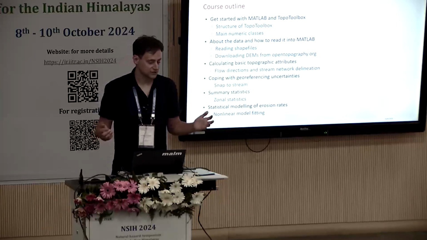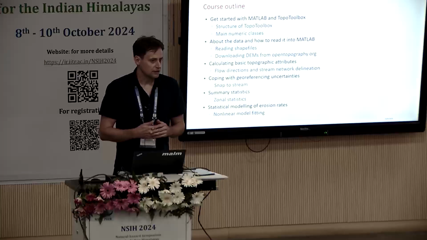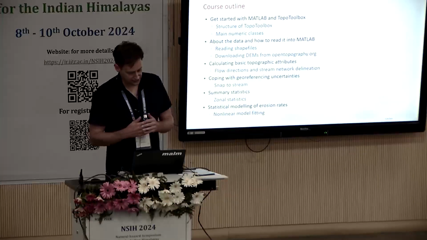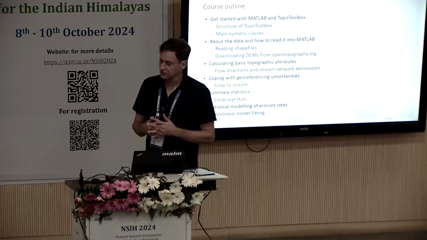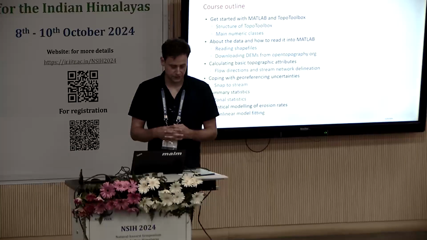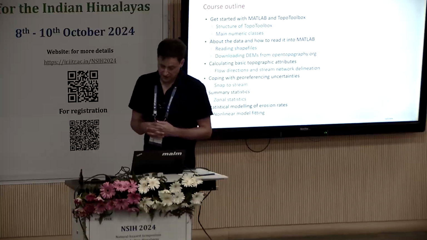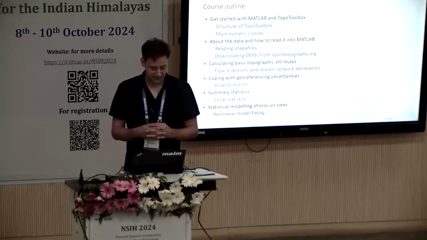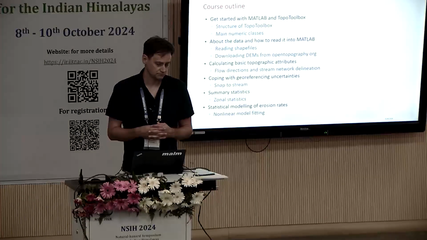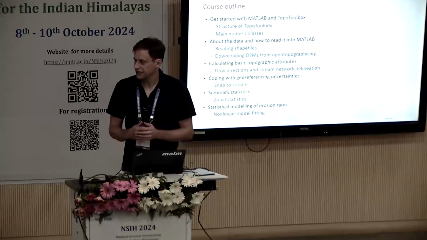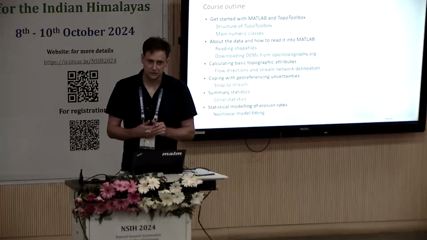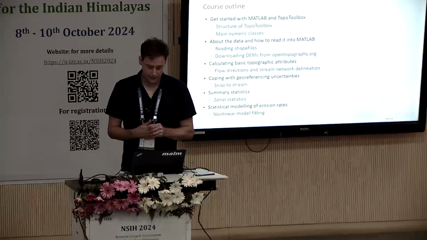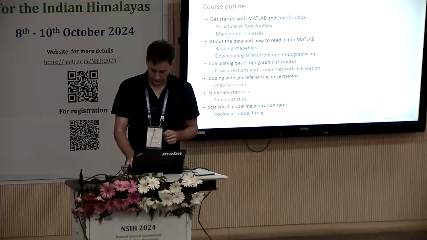We will learn about summary statistics, and then going a bit beyond that, we will talk about statistical modeling of erosion rates. And that means, in that case, a bit of nonlinear model fitting, or, let's see what works best, quantile regression. Okay, so that's kind of the outline that I would like to do with you. And so let's see how that works.